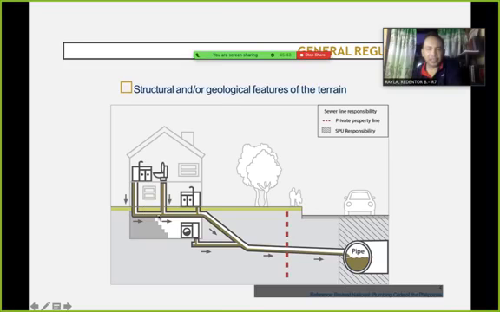As you can see, you have the building drain. The invert level of this one is low, and the sewer pipe is above. So that's where you need a pumping system to bring the discharge up.